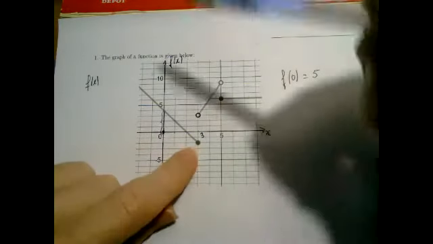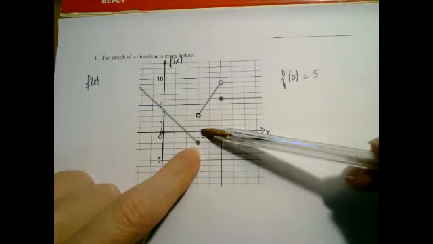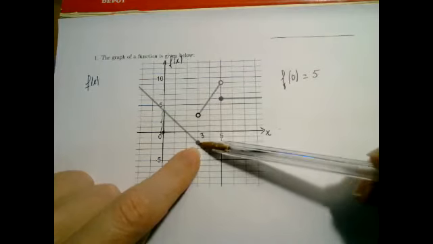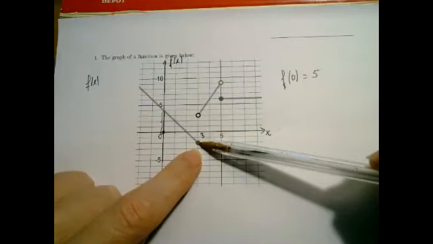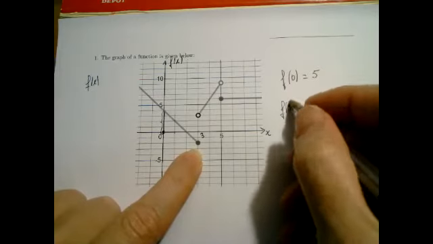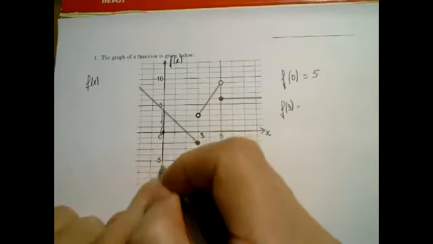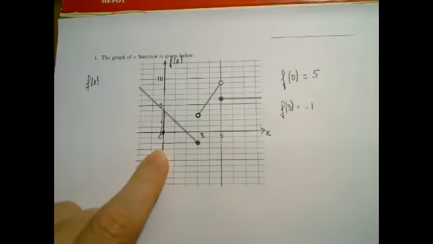Okay. When you have an open circle here and a closed one, the value that the function takes at 3 is the closed circle. So in this case, f of 3, if this is closed, you go right there. According to my picture, -1.